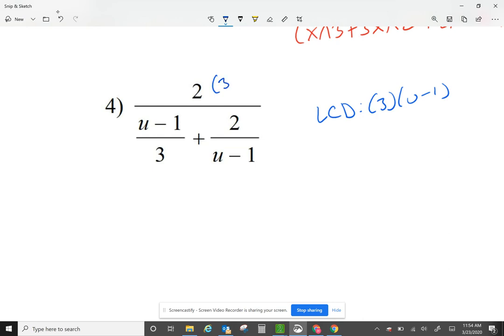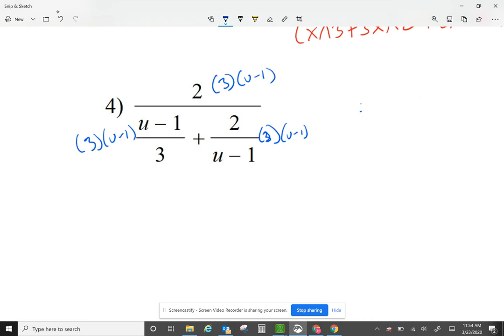So I'm going to multiply this by 3 and by u minus 1. Okay, so looking at the top of the fraction, I have no fraction, so nothing cancels out. I have 3 things. I have to multiply the 2 times the 3 times the u minus 1.